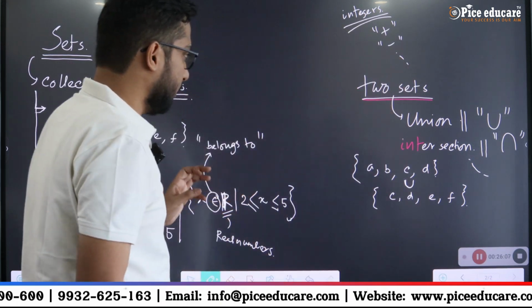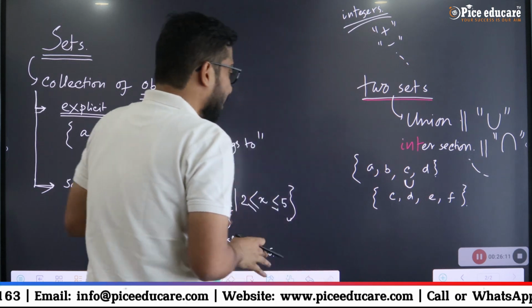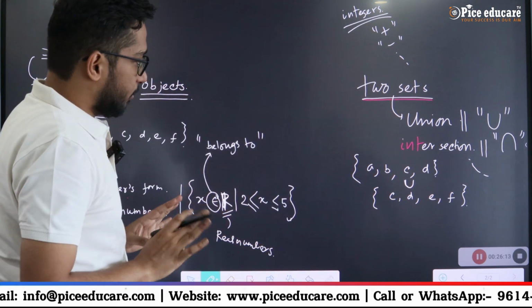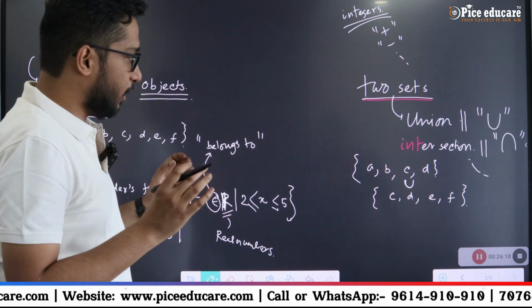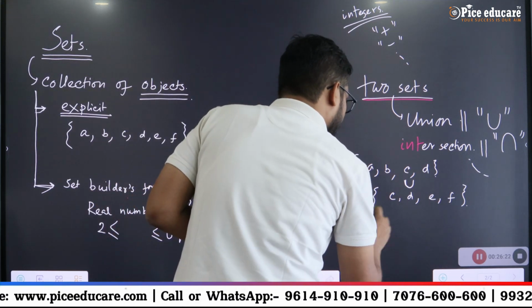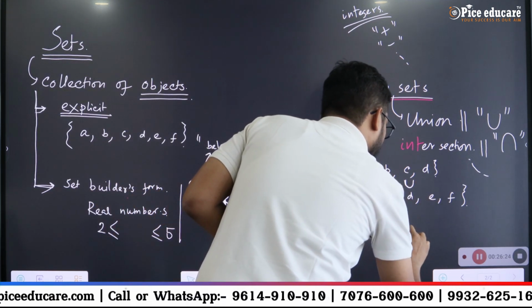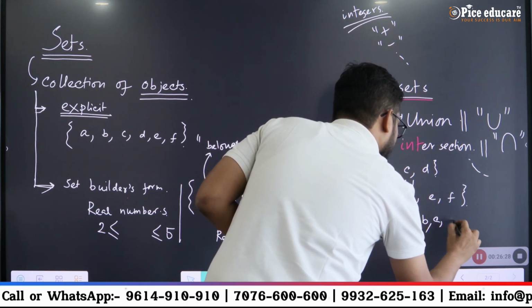So what do we mean by union of these two sets? Union means whatever elements are there in the two sets, you take everything and put it in one place. This is the idea behind union.